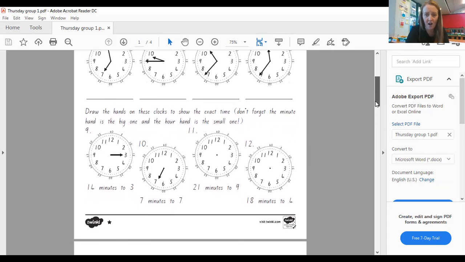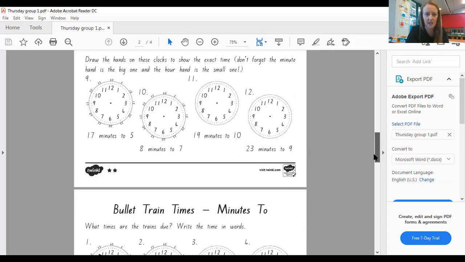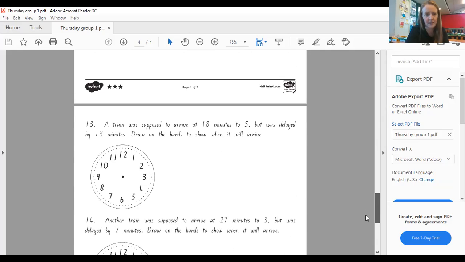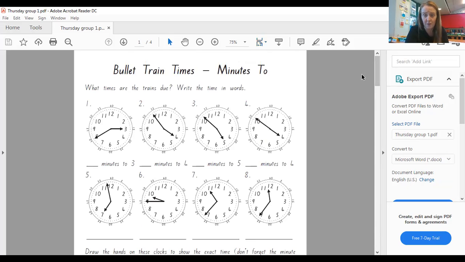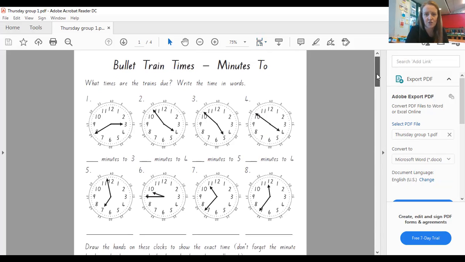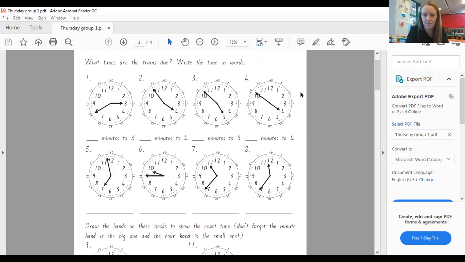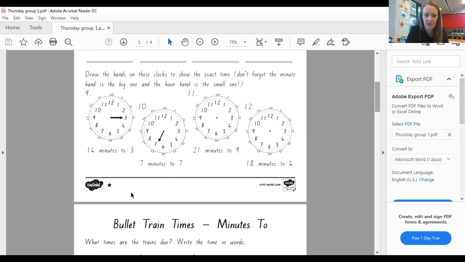Now, there are 4 sheets here to complete. You do not have to do all of them if you don't want to. I'm going to suggest that you start with sheet 1. And if you look at it, it's got a star on it here. See how you get on with sheet 1.